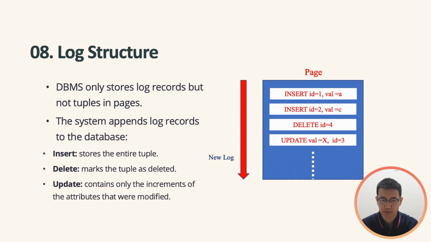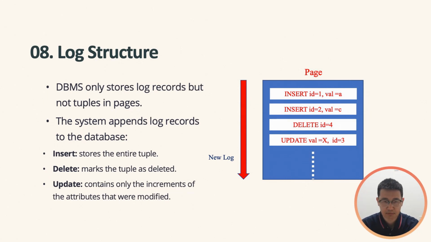The log structure file system does not modify the original content. It appends the changes to the end of the disk. It only stores log records, not tuples in pages. For example, when we record log entries, we log database modifications.